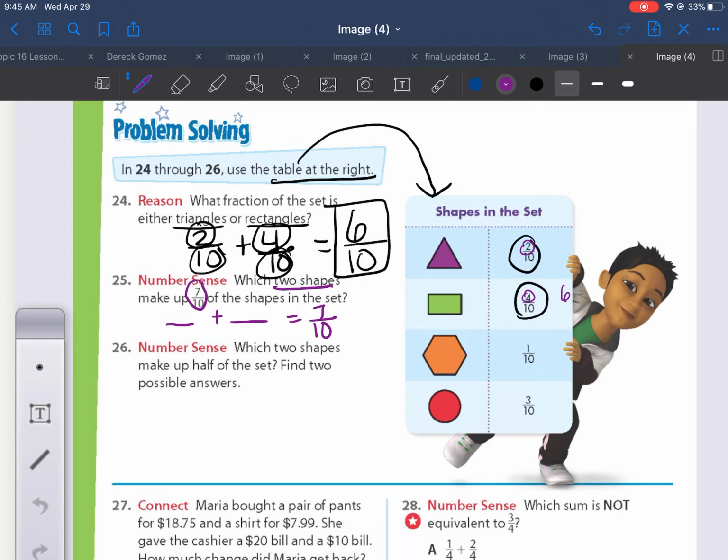What two numbers can give me 7? 2 and 4, that would be 6. Nope. 4 and 1 is 5. Nope. How about 4 and 3? Yes, 4 plus 3 is 7. So what two shapes is that? Who is the 4/10? 4/10 is going to be the rectangle.